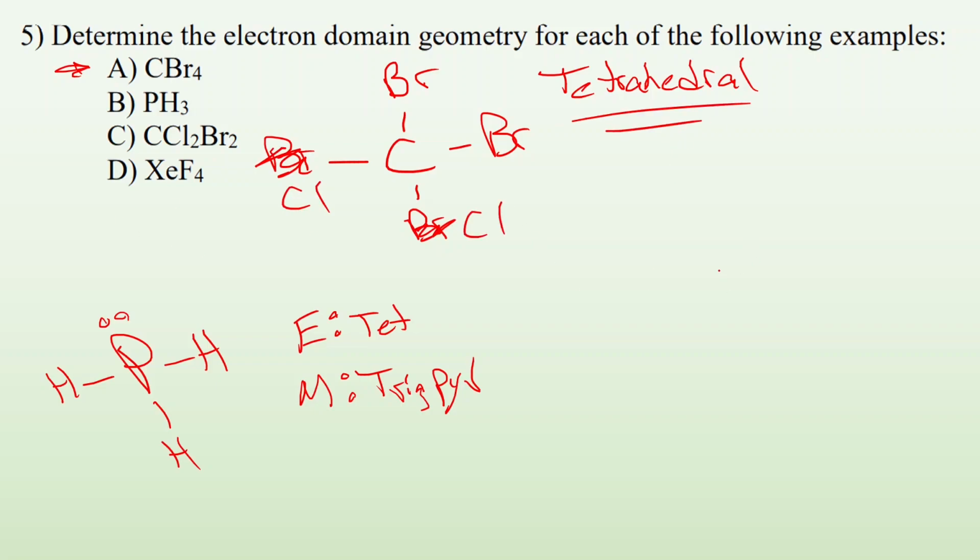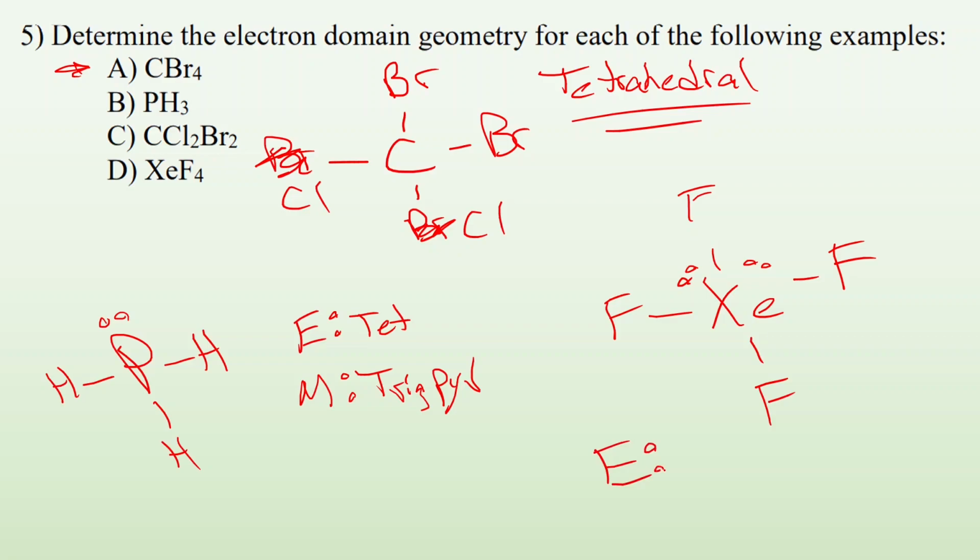And then XeF4, Xe in the middle, 4 fluorines. How many electrons do we have total? 36. So finishing the octet for fluorines brings us to 32, which means we have 2 unshared pairs around xenon. So the electron domain for this one, well, 6 domains tells me that it's octahedral.